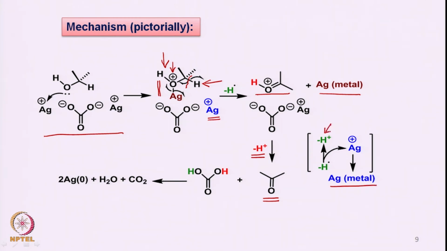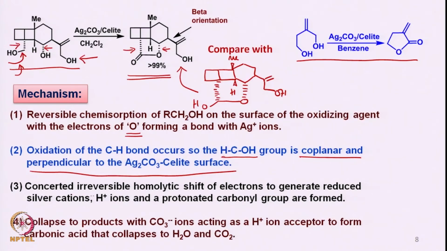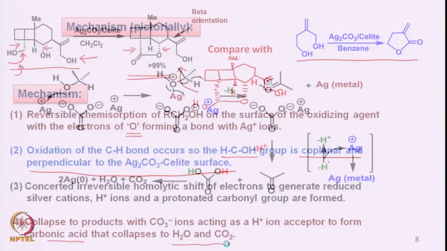So, this is exactly what is written here. The concerted irreversible homolytic shift of electrons generates reduced silver cations, H plus ion and a protonated carbonyl group. It collapses to products with carbonate ions acting as a H plus ion acceptor to form carbonic acid that collapses to water and carbon dioxide.